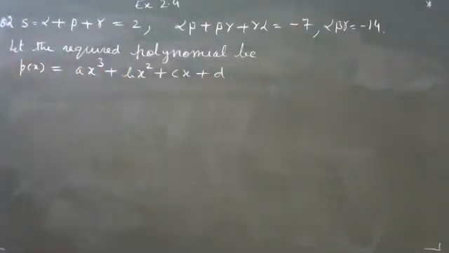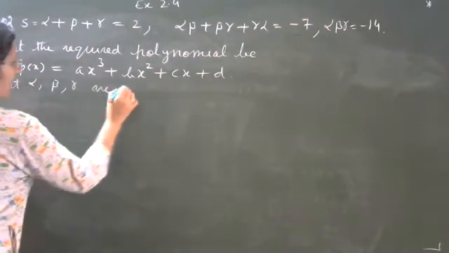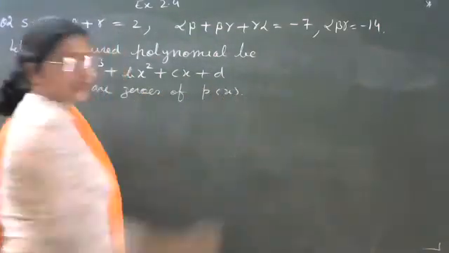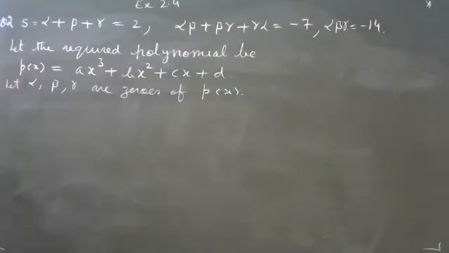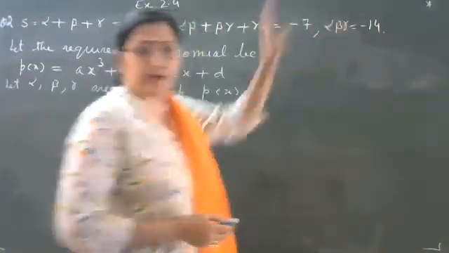Clear? Now you are given sum of zeros. Let alpha comma beta comma gamma are zeros of px. ये इसकी zeros ले. You are given sum of zeros, s की वैल्यू गिवन है और t की वैल्यू गिवन है और p की वैल्यू गिवन है.